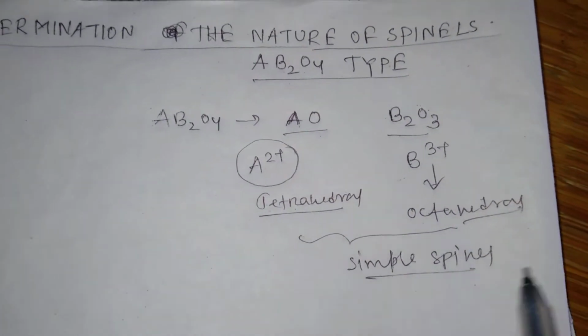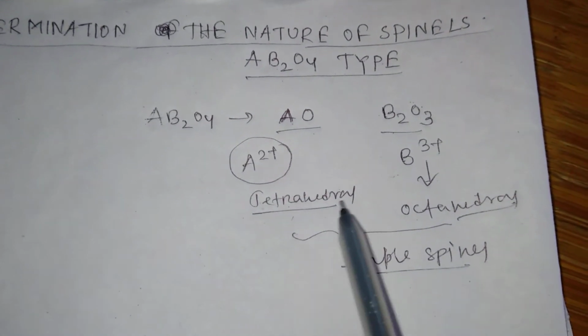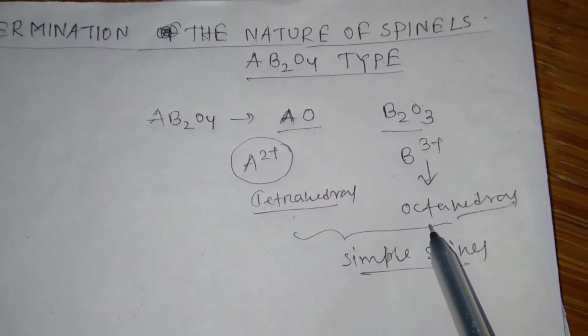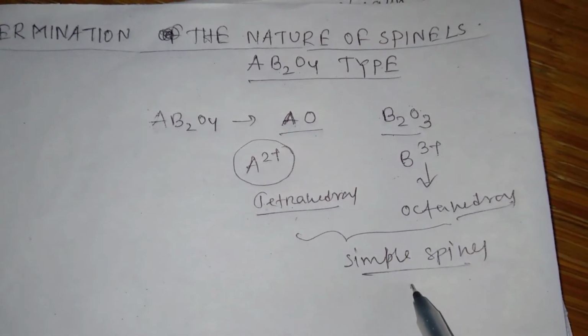Okay, if A2+ does not exist in tetrahedral holes or B3+ does not exist in octahedral holes, then we get the inverse spinel.